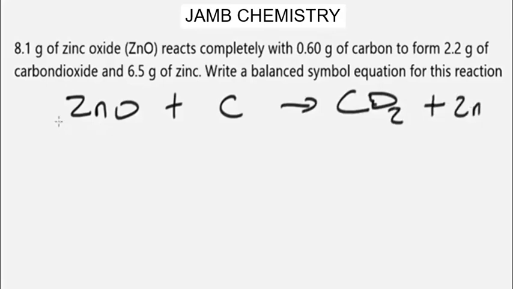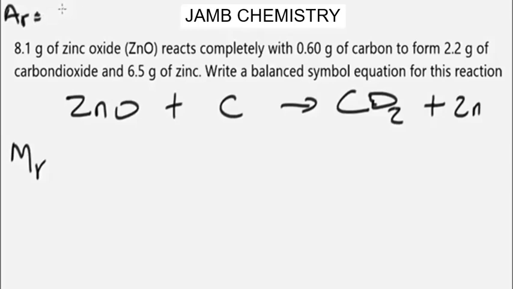The next thing you have to do is to calculate their relative formula mass. Note that in this question, we look at the relative atomic mass of the elements. You have to know it, but usually it's given.